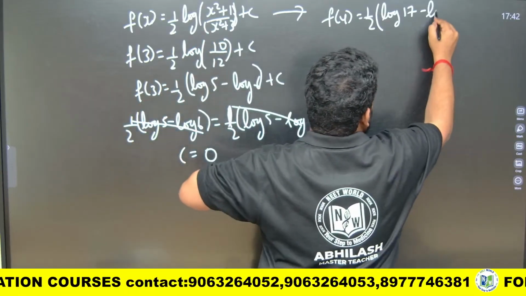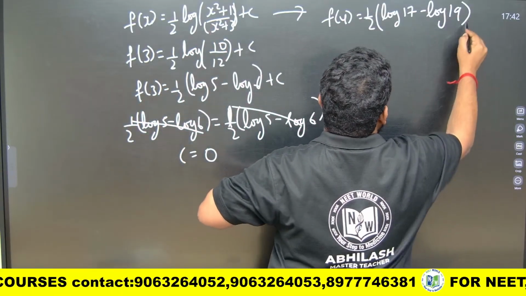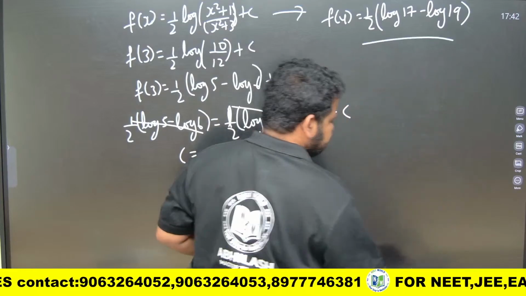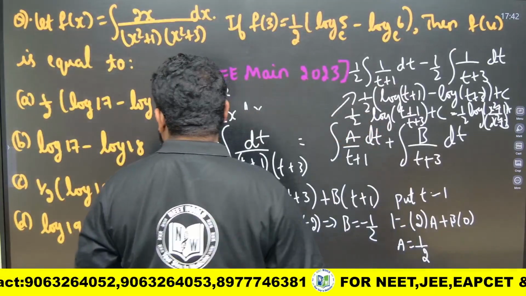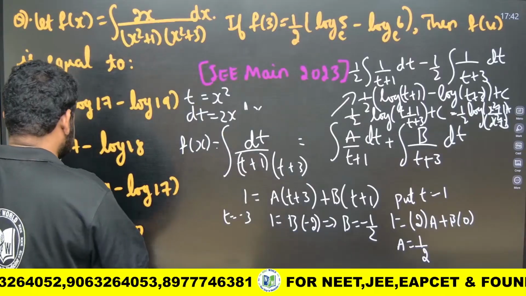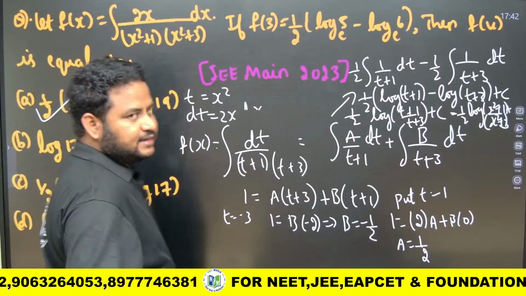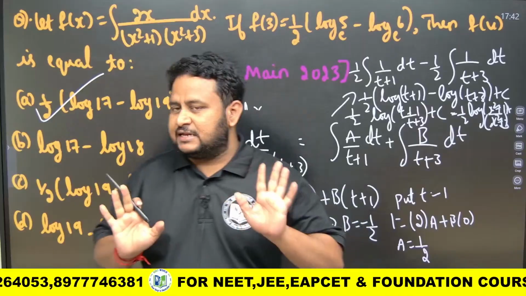So half into log 17 minus log 19, that is option A. Option A is the right answer.